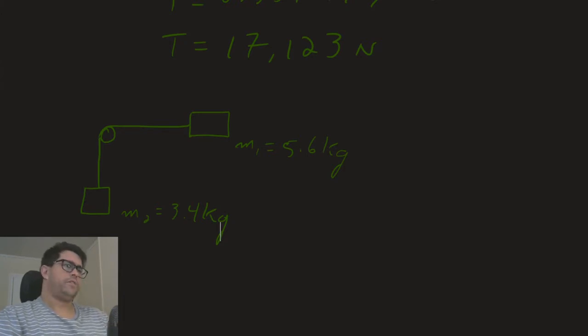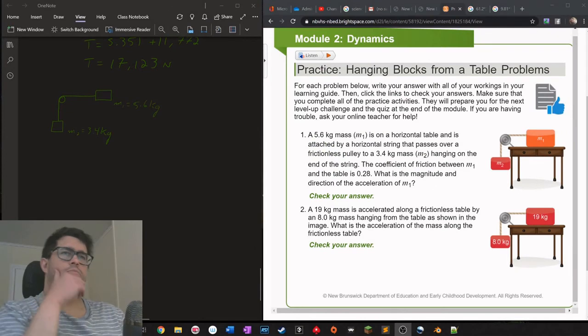Let's look at the problem together. So this is the problem that we're looking at. A 5.6 kilogram mass is on a horizontal table attached to a string, frictionless pulley, hanging on the end of the string. The coefficient of friction between M1 is, so here we have a mu. They say coefficient of friction.